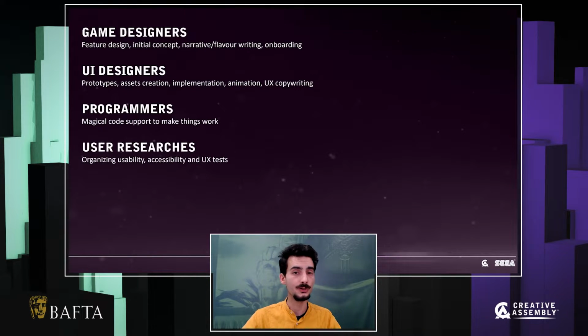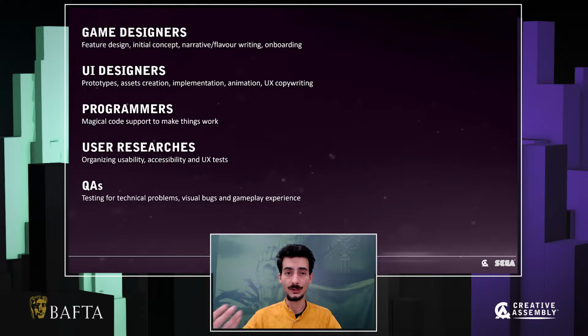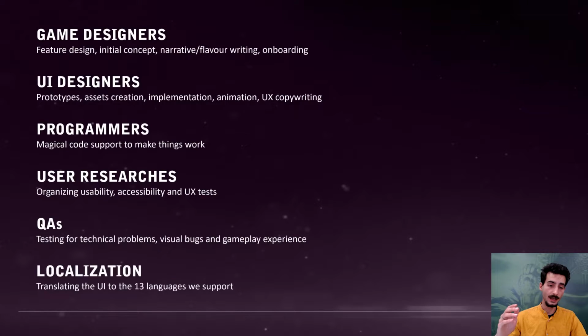We have user researchers, a vital role, because they're responsible for organizing usability, accessibility, and user experience tests that give us valuable feedback that we can then take and use in order to design a better user interface. We have quality assurance, QAs. Again, super important because they will test the UI for technical problems, visual bugs, and also provide feedback on the gameplay experience. And we have localization people.